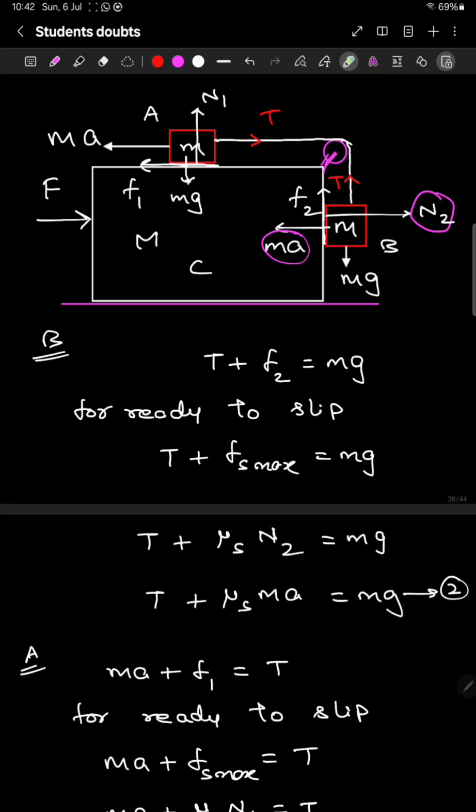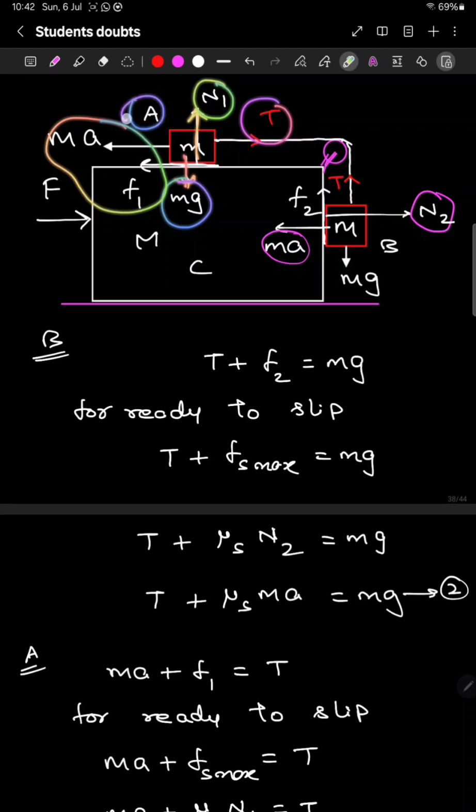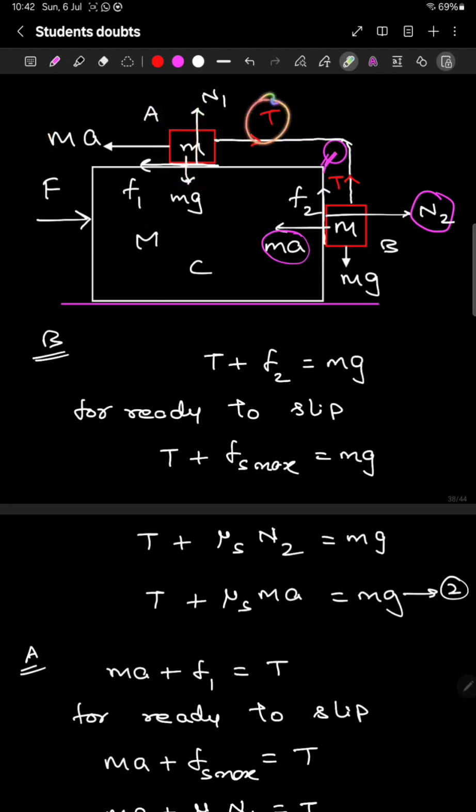Now let us take the free body diagram of block A. Here gravity mg, normal force N1 balanced with mg. Right side force T is balanced with ma plus F1, because it is at rest with respect to block C. Now T is balanced with ma plus F1. It is also a ready to slip case, so F1 should be maximum here.